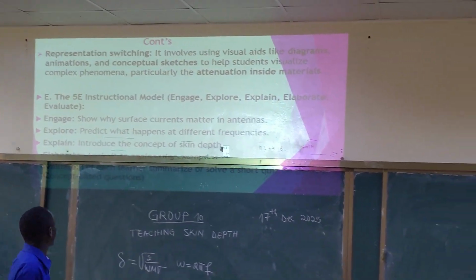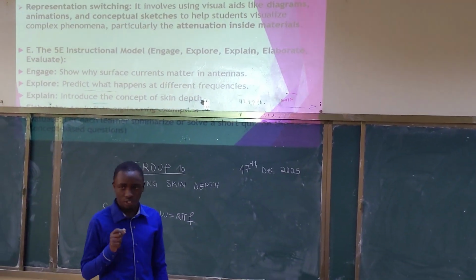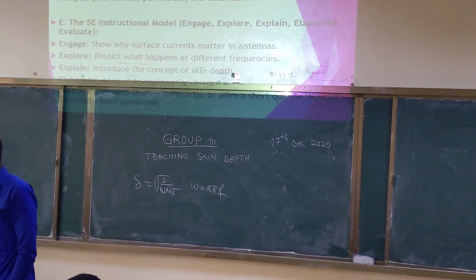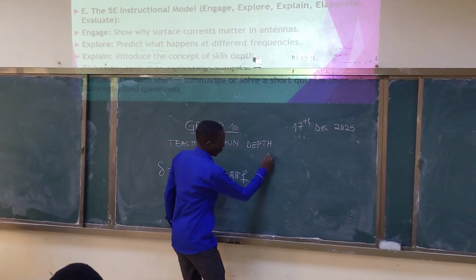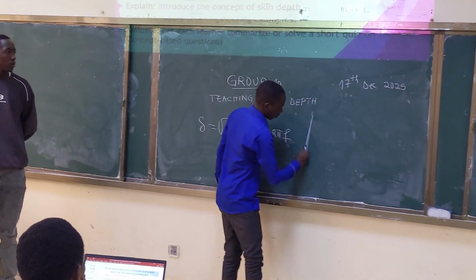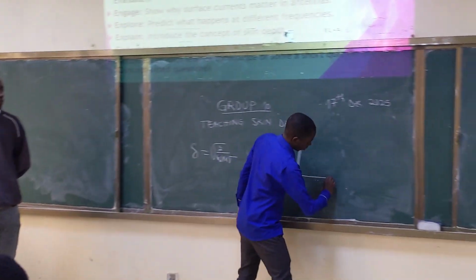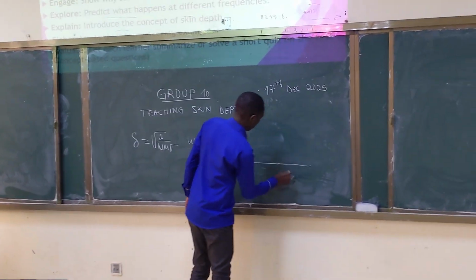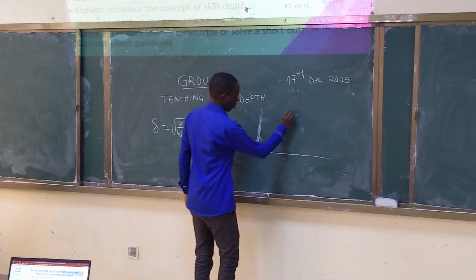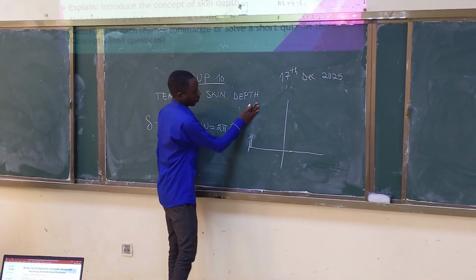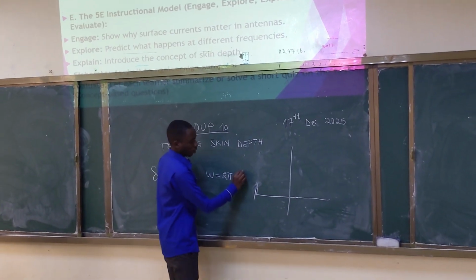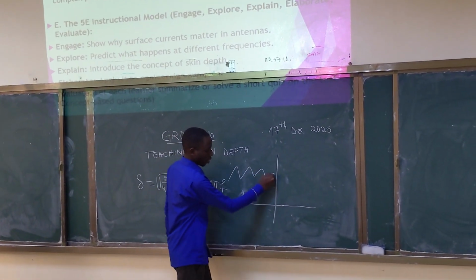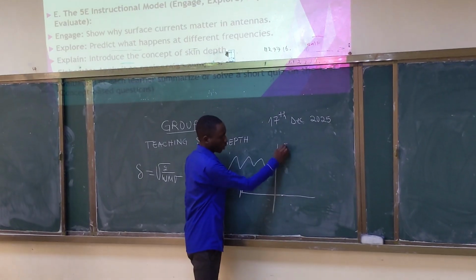The fourth one is the presentation method. Here, a teacher uses some diagrams, like when an electromagnetic wave comes from here and reaches here at a conductor.